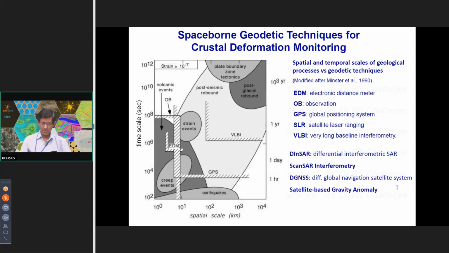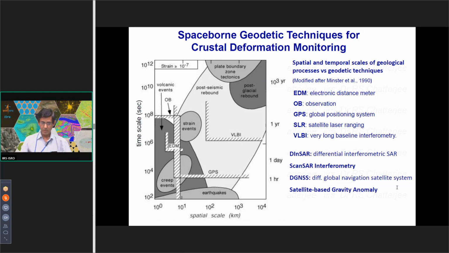But what is more important in case of ScanSAR interferometry than the standard DInSAR is that it has a very large spatial coverage. So this technique can be applied for hundreds of kilometers, even up to thousands of kilometers, and it can be very useful for measuring the slow relative deformation over a very large areal extent.